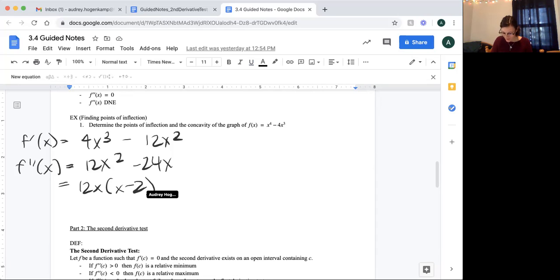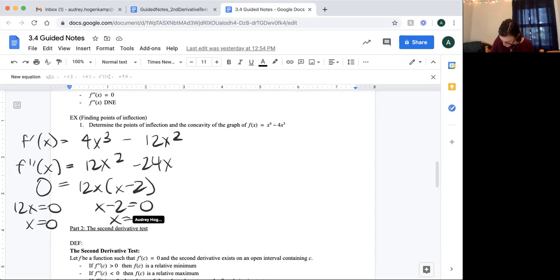And then I want to know where that second derivative equals 0 or doesn't exist. So 0 equals 12x times x minus 2. 12x equals 0 means that x equals 0. x minus 2 equals 0 means that x equals 2. So my two possible points where the concavity could change are at 0 and 2.